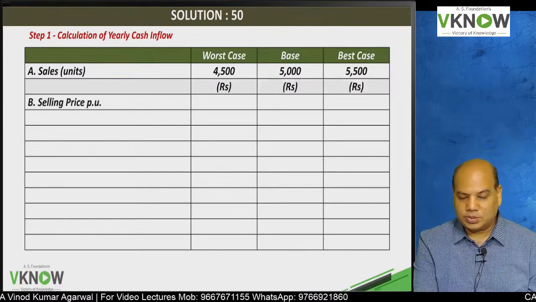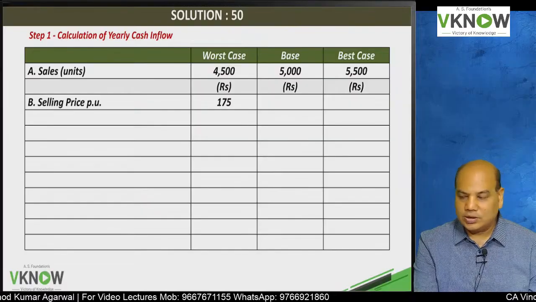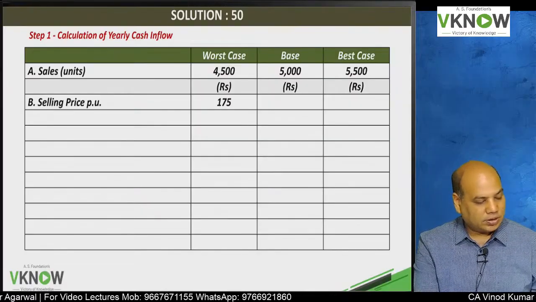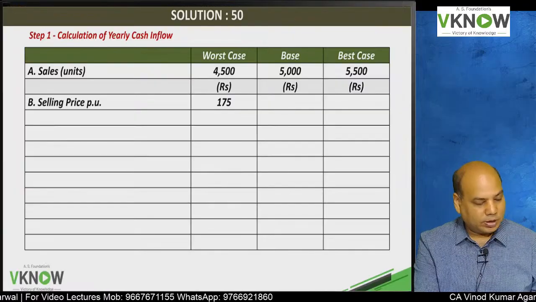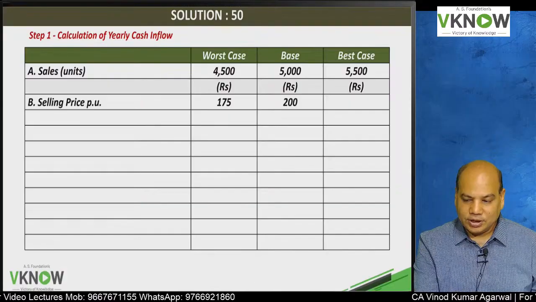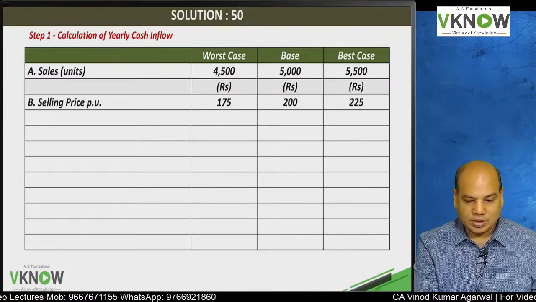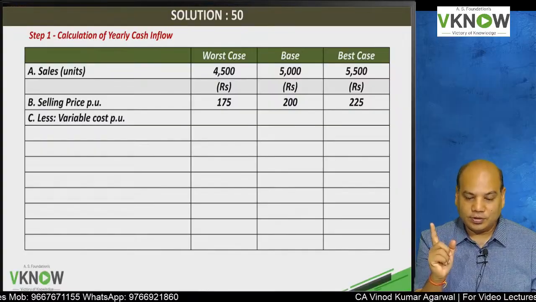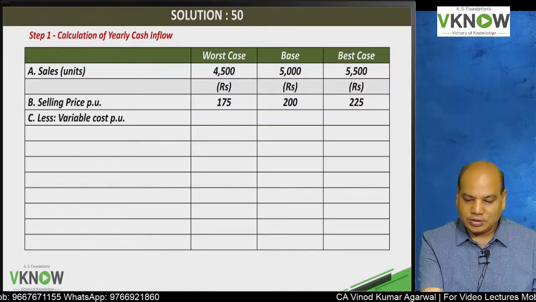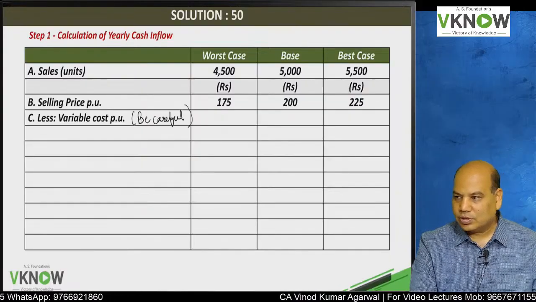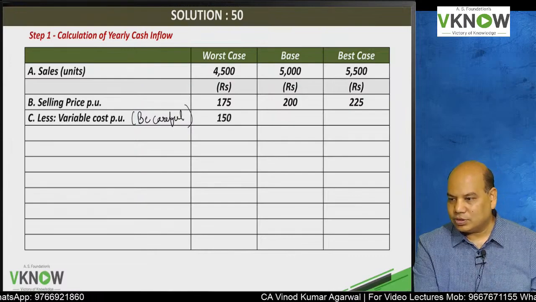Below that, rupees. Now selling price per unit: worst case will be the lowest selling price, 175, 200, and best case the highest selling price. Variable cost, now here we have to be very careful. Don't follow the sequence of the question.